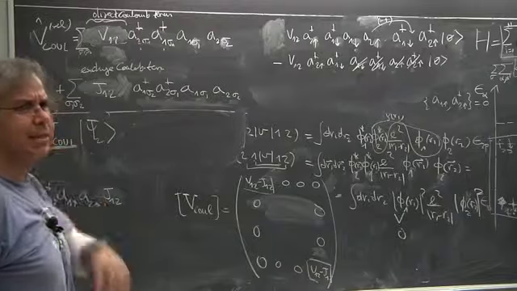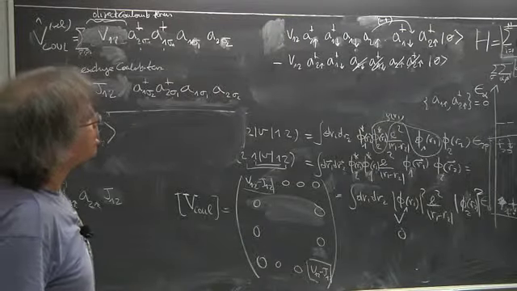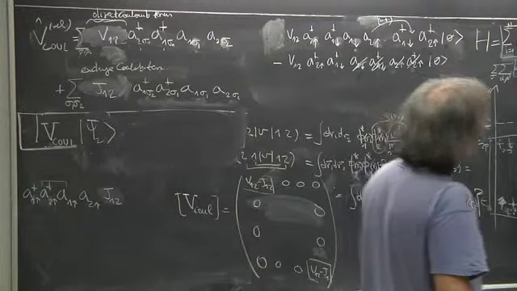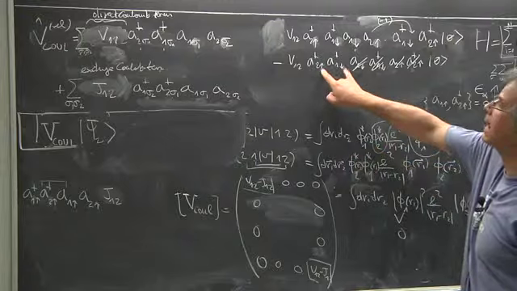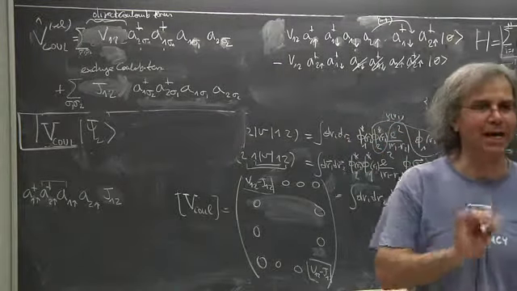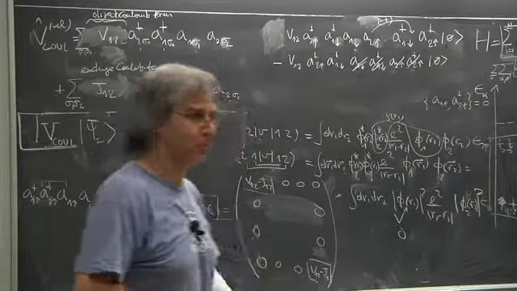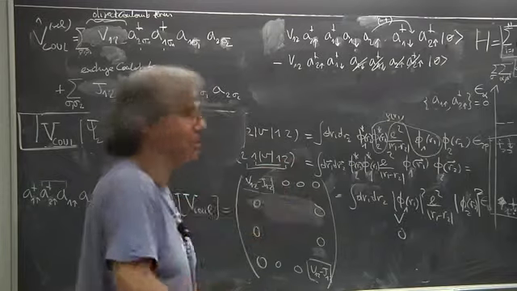What is it? What state is this? It is, no, it's not psi 4 because it's up, down. It's psi 2, but not quite psi 2. It's minus psi 2 because psi 2 has the opposite order, and this is your question. The order is important, okay?